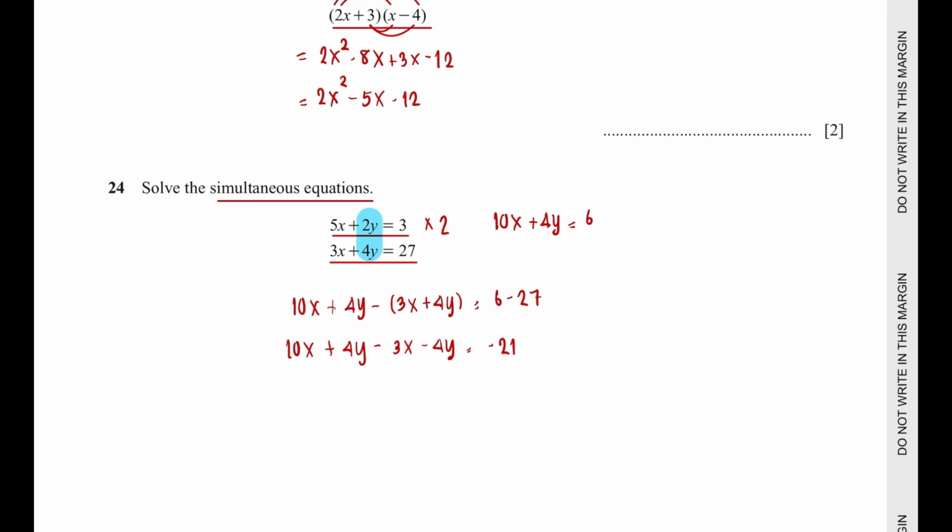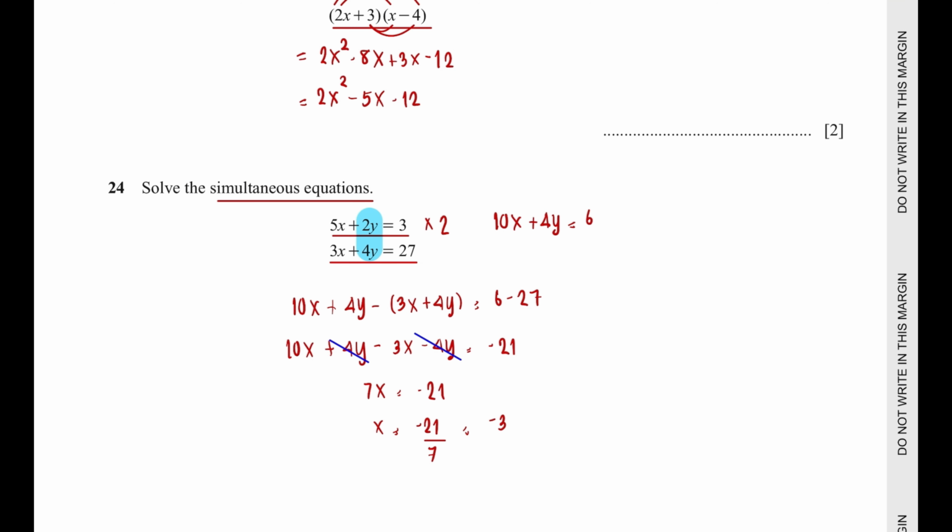So 4y minus 4y becomes 0. So 10x minus 3x equals 7x equals negative 21. So x equals negative 21 divided by 7, which is equal to negative 3.